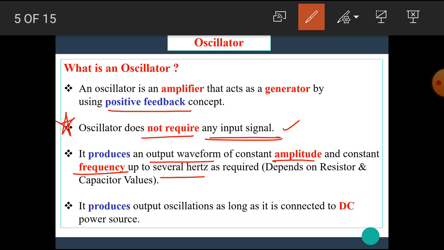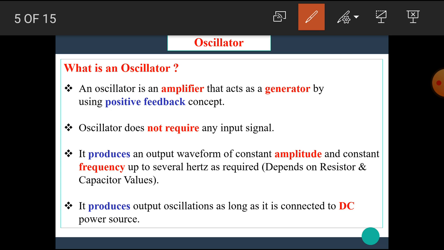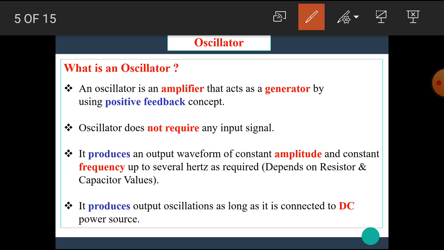Generally, in oscillator circuits, resistors and capacitors are used. In other types of oscillators, inductors and capacitors are also used. That means the output of the oscillator depends upon the values of the components, such as the resistor, capacitor, inductor, etc. It produces output oscillations as long as it is connected to the DC power source.